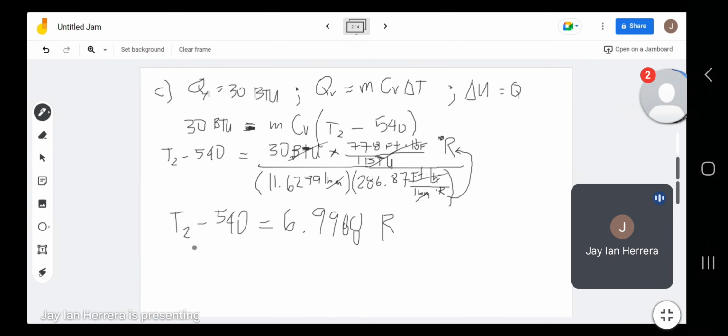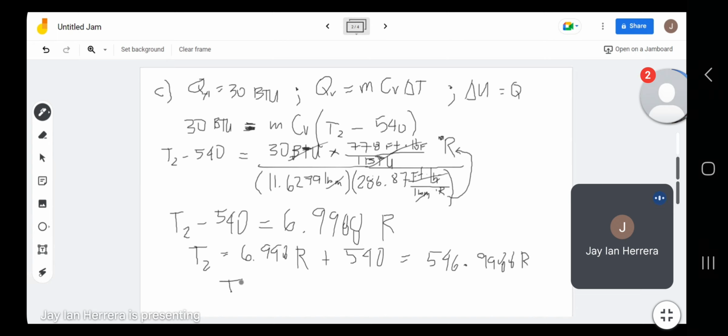So therefore, we can get the final temperature. So transpose natin, plus 540. So we have T2 equivalent to 6.9988 Rankine plus 540. And so therefore, it is equivalent to 546.998 Rankine.